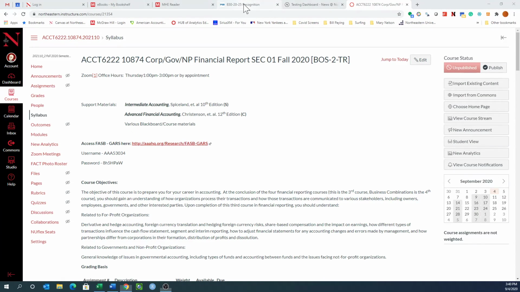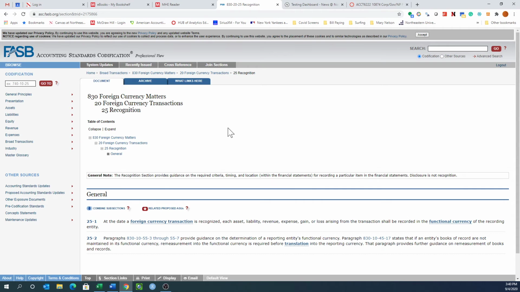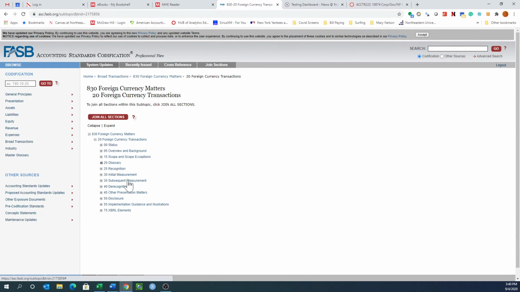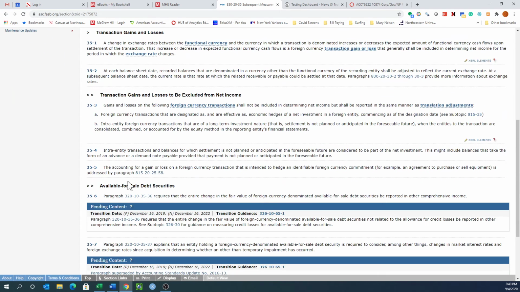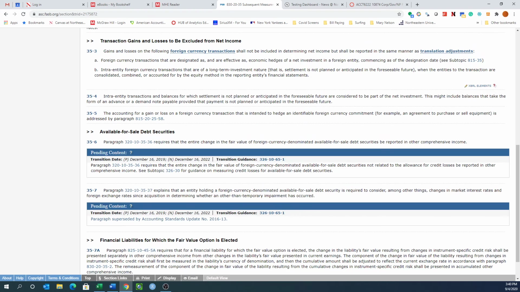So if we're looking at foreign currency and what ultimately gets recognized subsequently, we can look at subsequent measurement and we can see available for sale debt securities, that the entire change in the fair value of foreign currency denominated available for sale securities should be reported in other comprehensive income, but the transitional guidance talks about we need an allowance for credit losses, right?